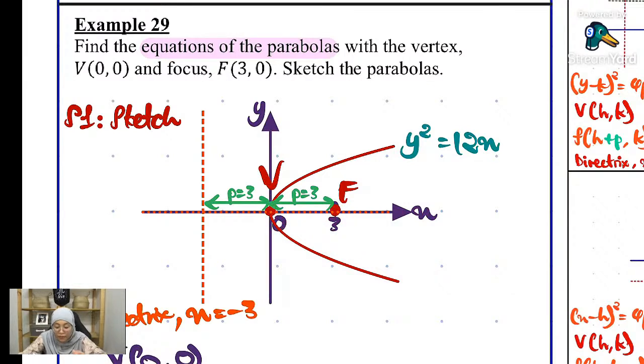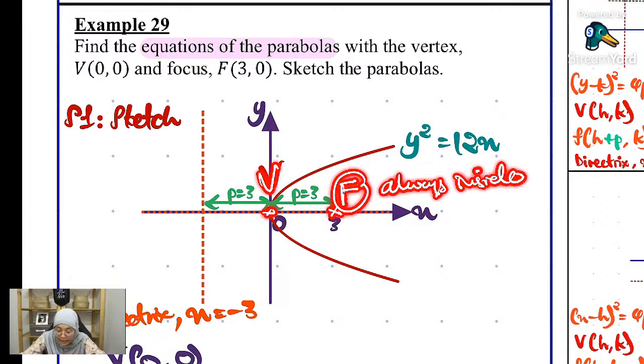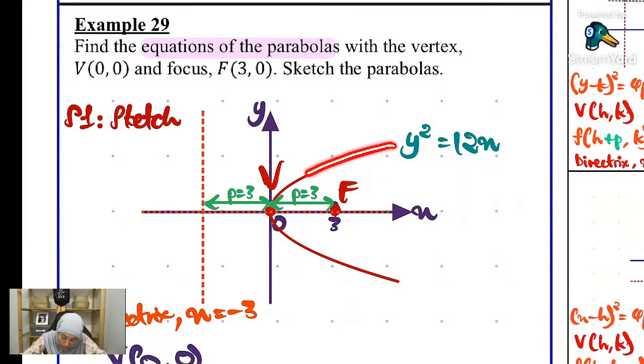Okay, so from there I know that kalau lah sini V dan sini focus, of course saya dah tahu bentuk dia dah. Sebab apa? Sebab foci sentiasa always inside of the parabola. That's why I already know the shape. The shape is always going to be like this. In fact, kita sudah pun tahu bucu dia.